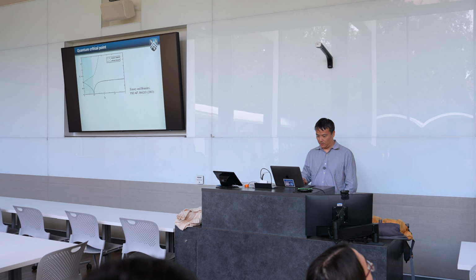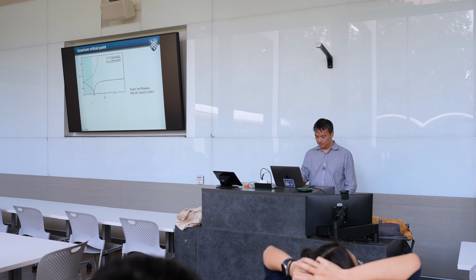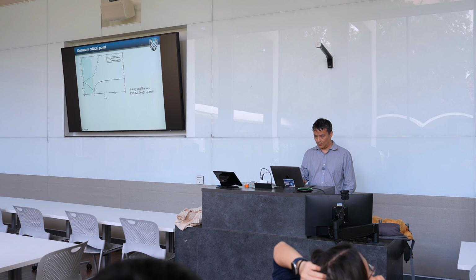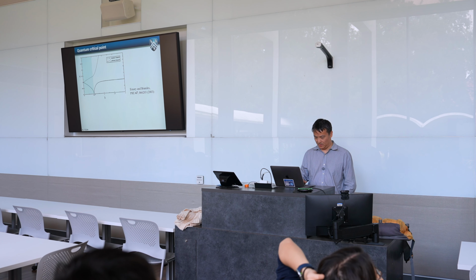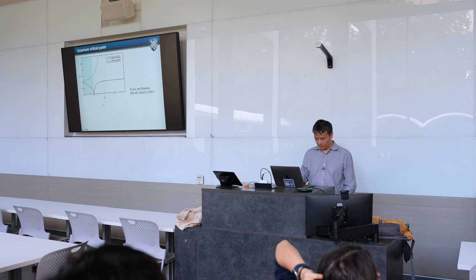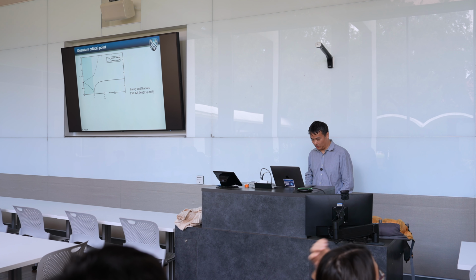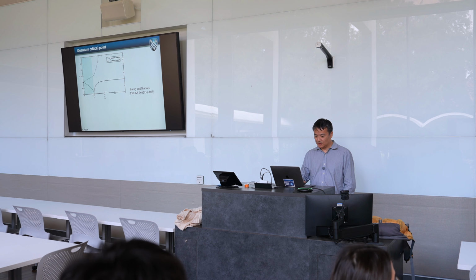And to plot them together, you can see that these are the two branches of excitation as a function of coupling strength lambda. Here I copy-pasted this plot from this paper. Here 0.5 means the critical coupling strength lambda c. So at the critical coupling strength, the lower excitation branch dips to 0.